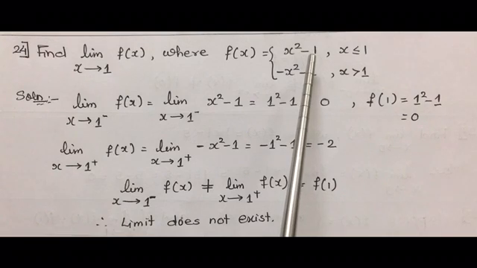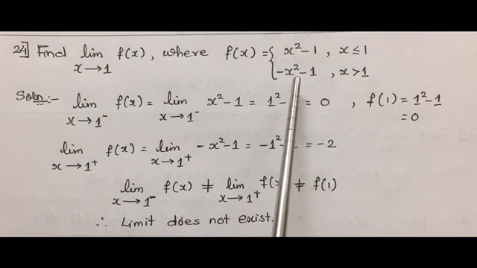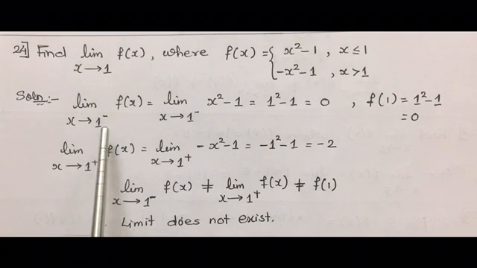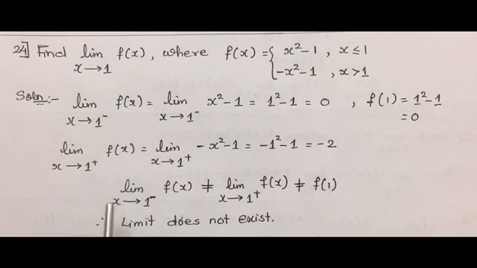Now here in this example we will be taking the left hand side and the right hand side limits of 1, that is x tending to 1 minus and x tending to 1 plus.